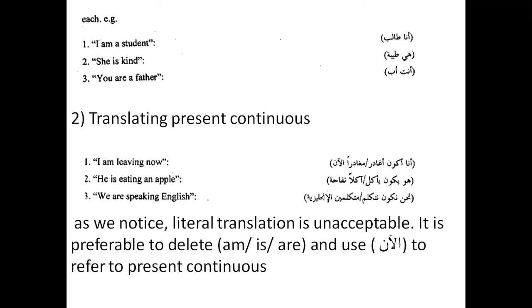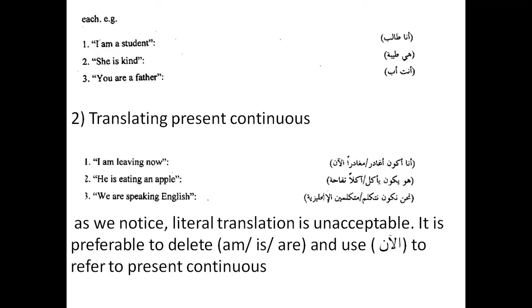Why? Because this structure with أكون is usually unacceptable in Arabic. So first of all we can delete يكون or أكون, so the am, is, are is not rendered into Arabic, and at the same time we can use the lexical item الآن to denote the present continuous in Arabic.